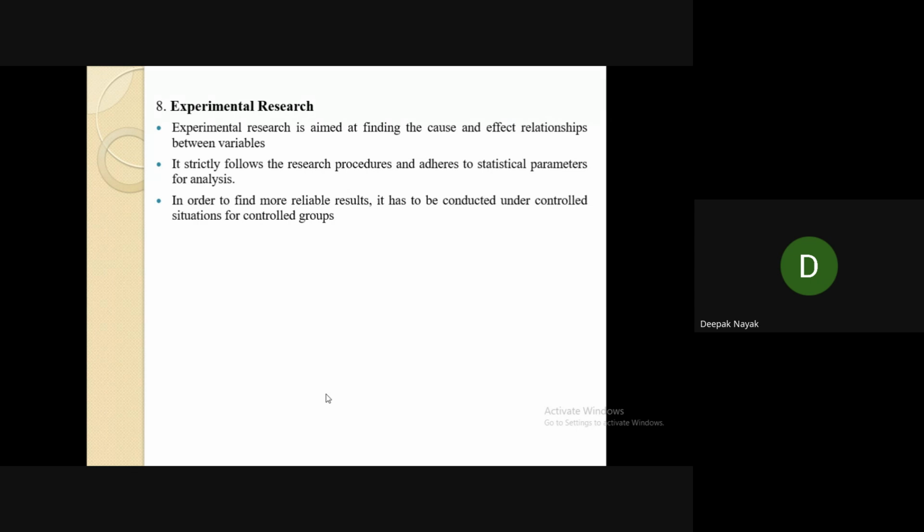You are examining those things through close observation by following different models and statistical parameters to understand them. So that is experimental research.